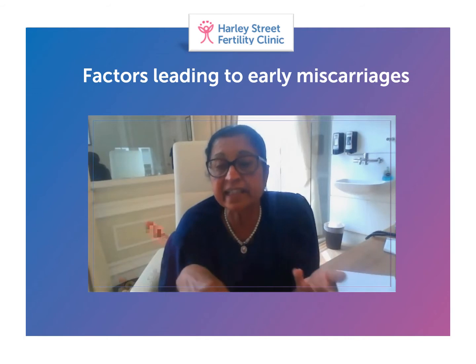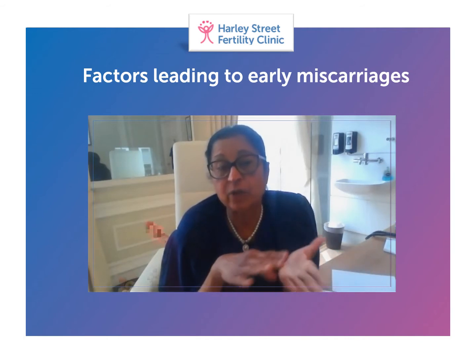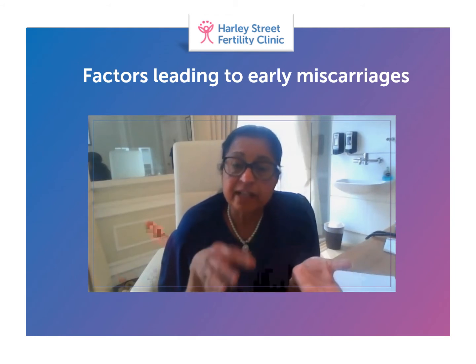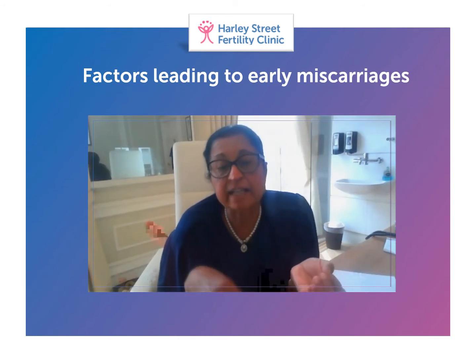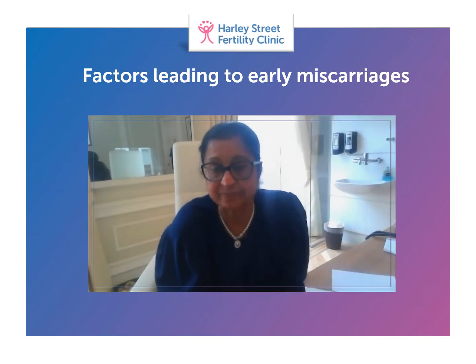These are the 3 things which can cause problems. So we have to look at the factors with the embryo, factors with the uterus, and also factors interfering with implantation.